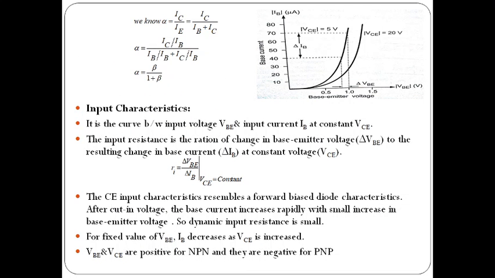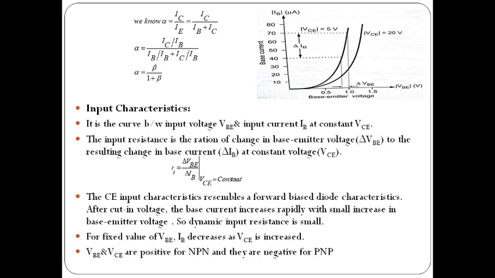From this, alpha equals beta by 1 plus beta, since alpha equals IC by IE and IE equals IB plus IC. So the relationship between alpha and beta is alpha equals beta by 1 plus beta. Alpha is the current amplification factor in the common base, and beta is the current amplification factor in the common emitter.